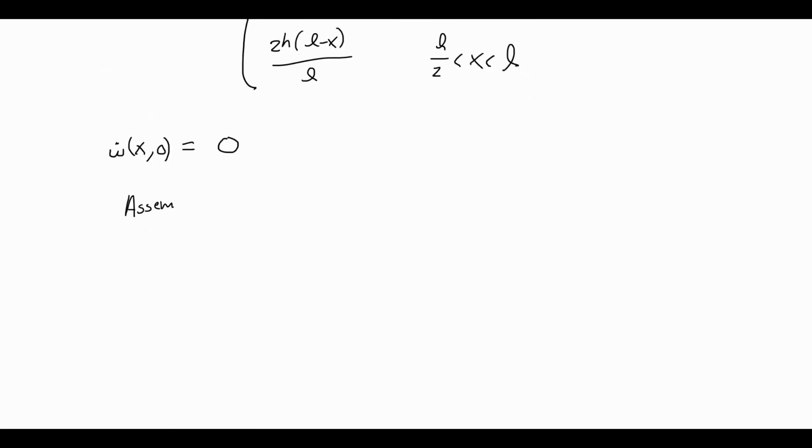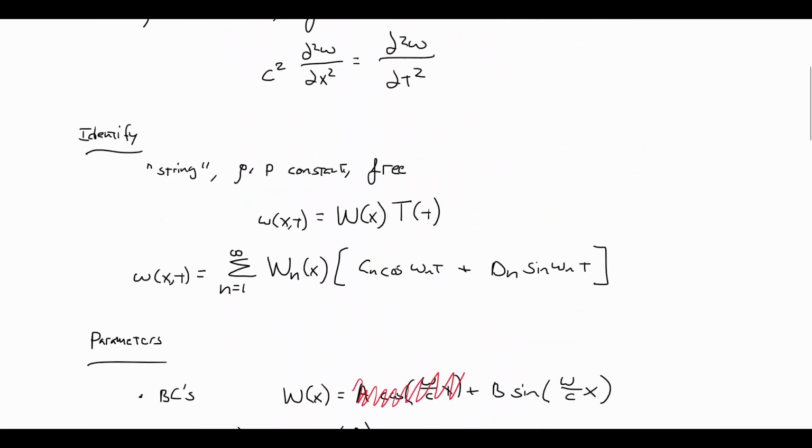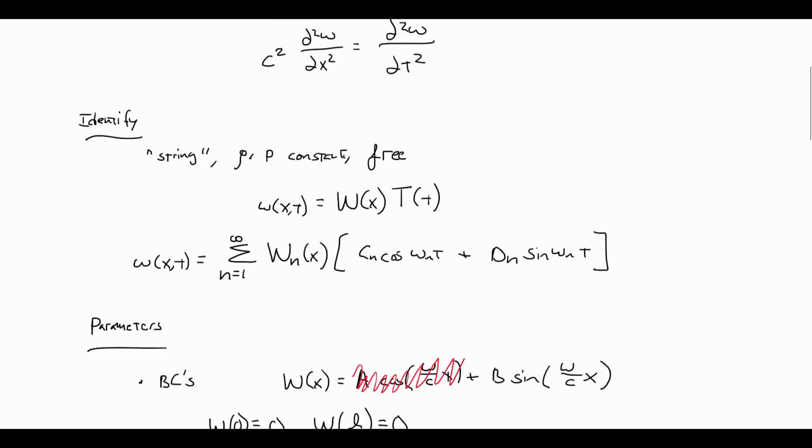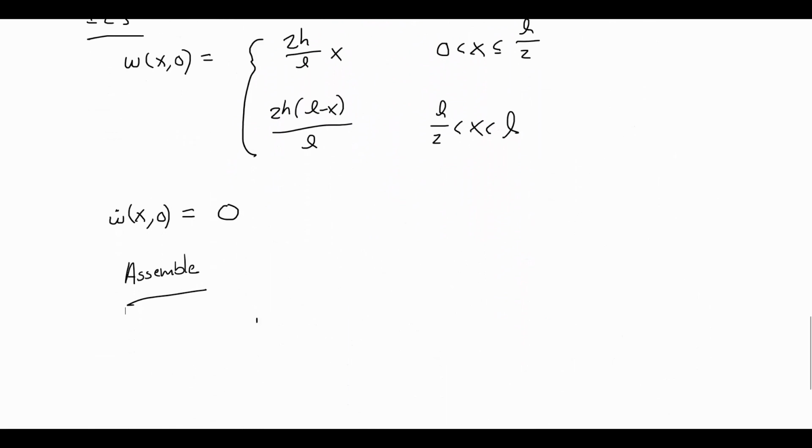All right, so let's come down here and assemble our solution. Let's identify what it should look like. It's going to be that summation of our eigenfunction times the Cn, and these Dn terms is how we're going to put it together. So let's see here. We have our W of x,t equals the summation of n equals 1 to infinity of our eigenfunction. I'll copy that in.